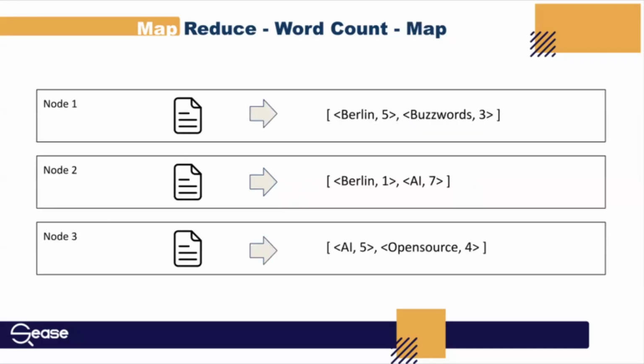Then, in each node, we execute the map function. Given the file, the map function creates a list of key-value pairs, where the key is the word and the value is the word count, I mean the number of occurrences of that word in that file. And this can be executed in parallel in all nodes.